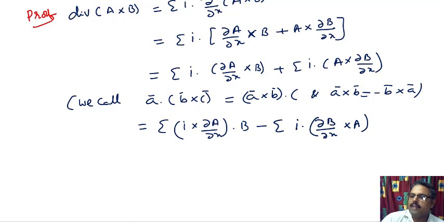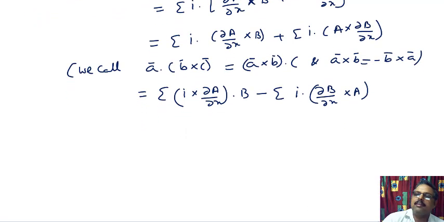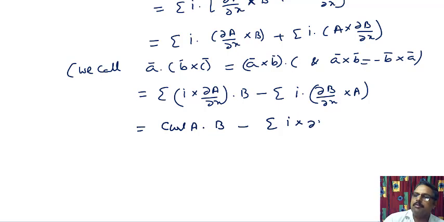Again we are applying the same property, A dot B cross C equals A cross B dot C. Here the cross product means curl A dot B, minus, applying the same formula, dou B by dou x dot A. Here C is A.